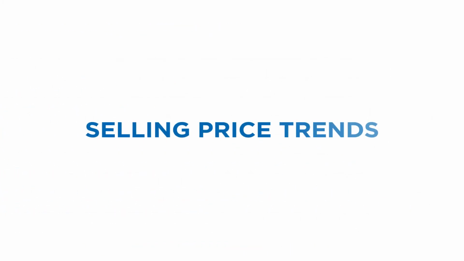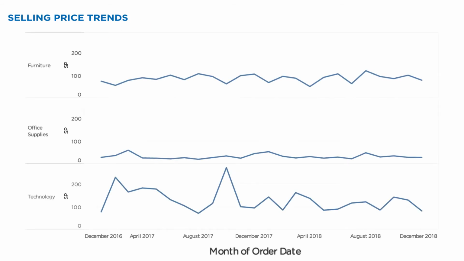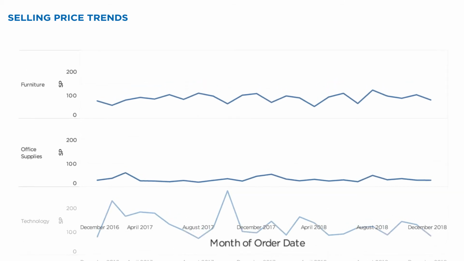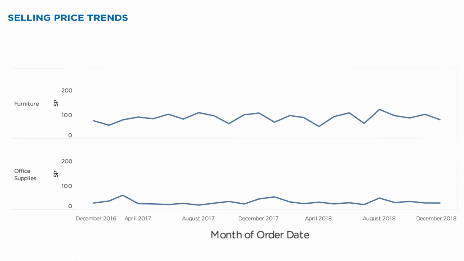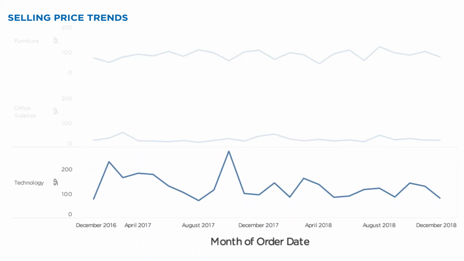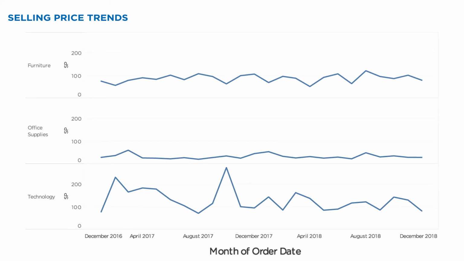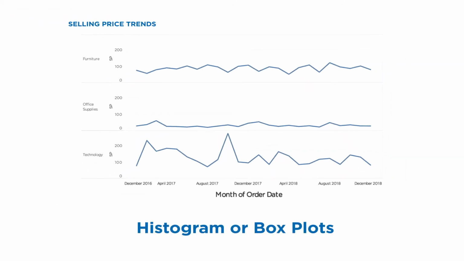Another interesting feature that affects the sales is the selling price of the product. You can check the trend lines to gauge its effect. Looking at this depiction, the prices are more or less constant for the last 2 years for all categories except for technology. But in order to get more clarity on how prices are distributed, you need to use a different type of visualization, either histogram or box plots.